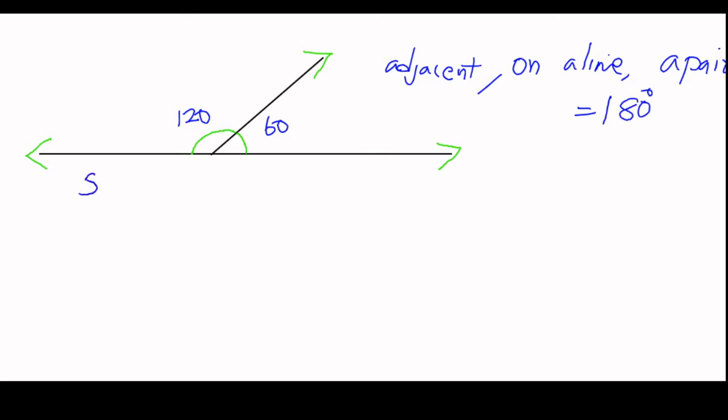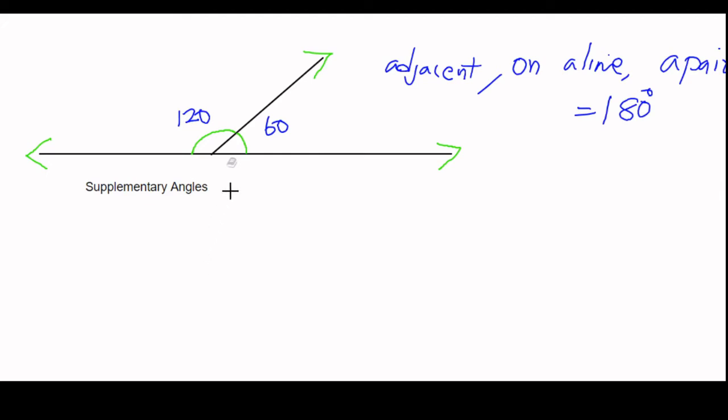Such a set of angles, or such a pair of angles whose total is equal to 180 degrees, are named as supplementary angles. Supplementary angles are those angles whose sum total is equal to 180 degrees.